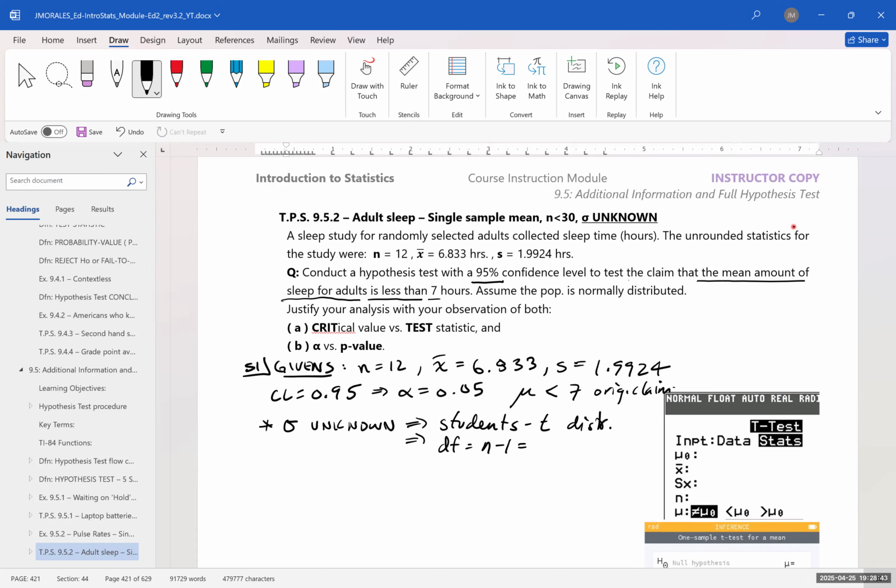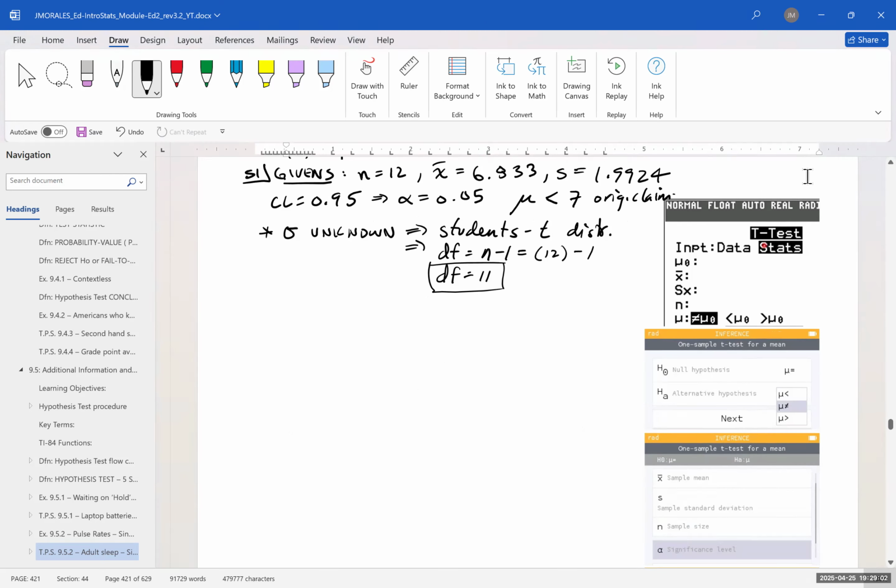That's going to be the sample size minus 1, which is 12 minus 1, or 11 degrees of freedom. All right, let's move on to step 2.